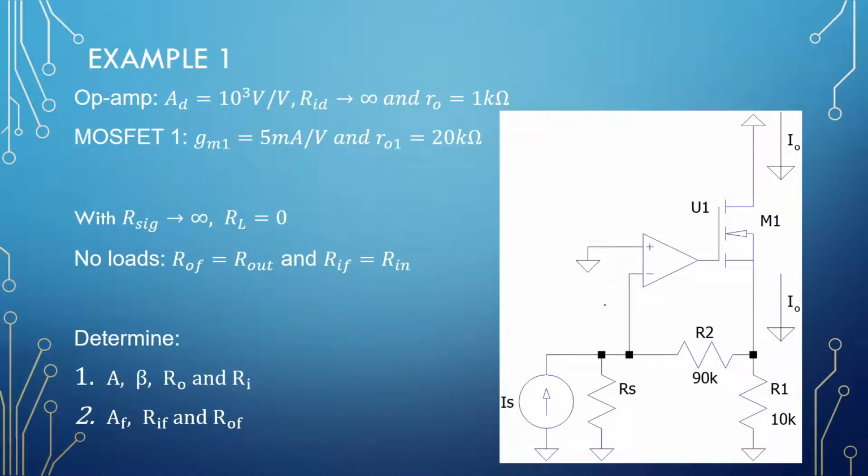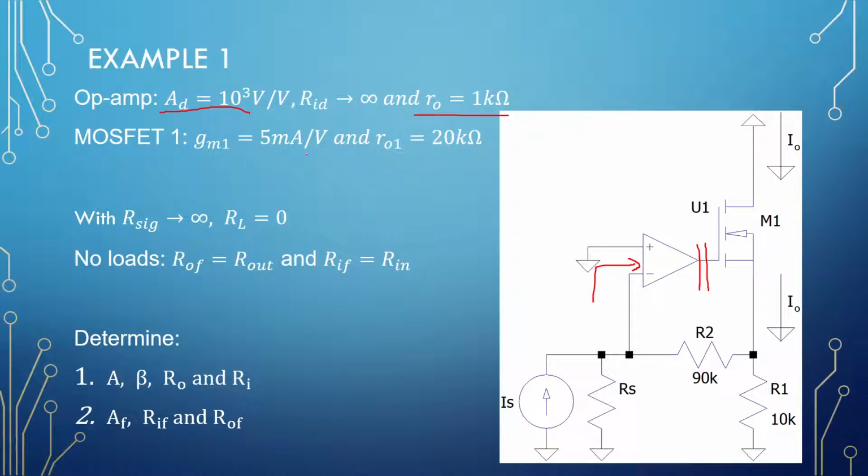Right, so the problem with the op amp: we will have an op amp with infinite input impedance, an output impedance of 1 kilo ohm, but this is not going to matter since we are looking into a MOSFET here. There is no loading factor between the two. The important part here is the amplifier gain of 1000.